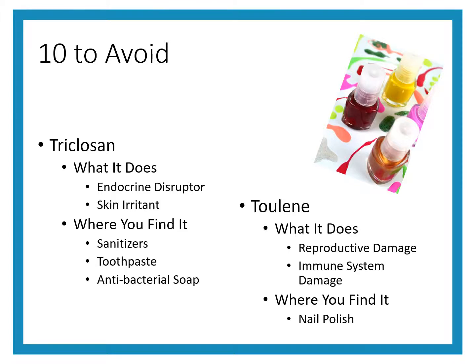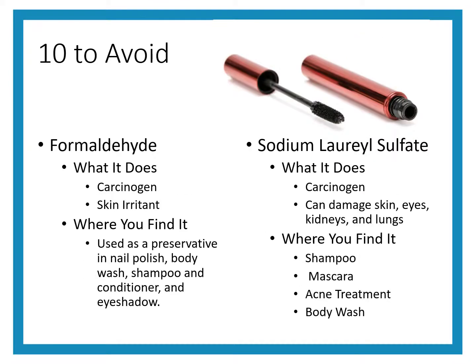And the thing that I find about products with toluene in them, when you're buying your nail polish, the cheaper your nail polish is, the more likely it is to have this in it. So keep that in mind, and it's one of those tales where you get what you pay for. So toluene, watch out for that one.